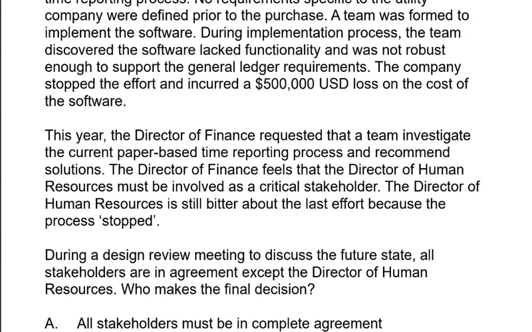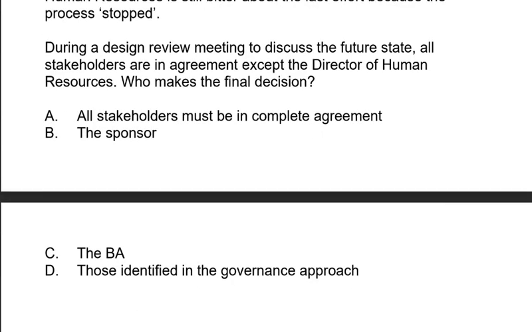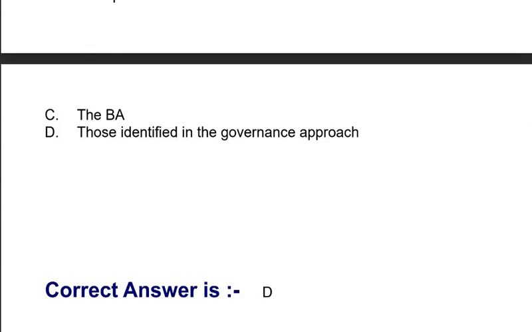During a design review meeting to discuss the future state, all stakeholders are in agreement except the Director of Human Resources, who makes the final decision. Option A, all stakeholders must be in complete agreement. Option B, the sponsor. Option C, the BA. Option D, those identified in the governance approach. Correct answer is option D.